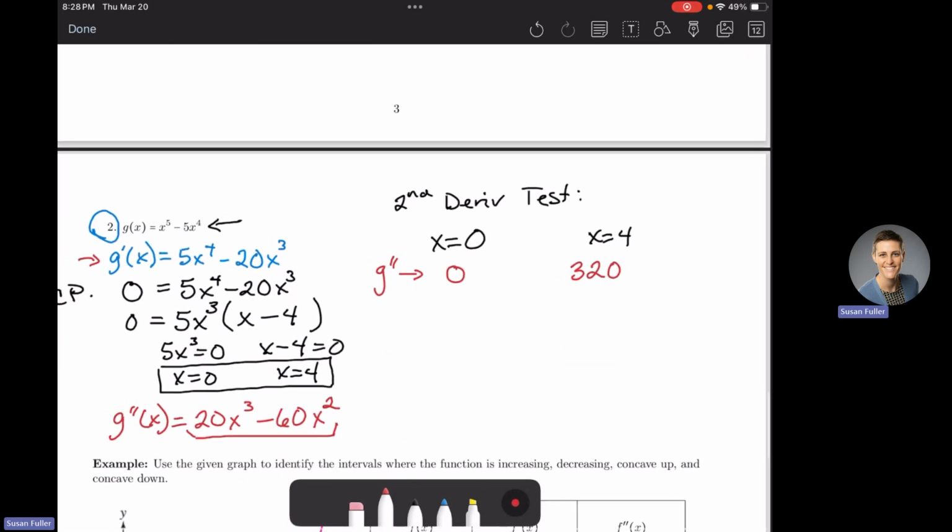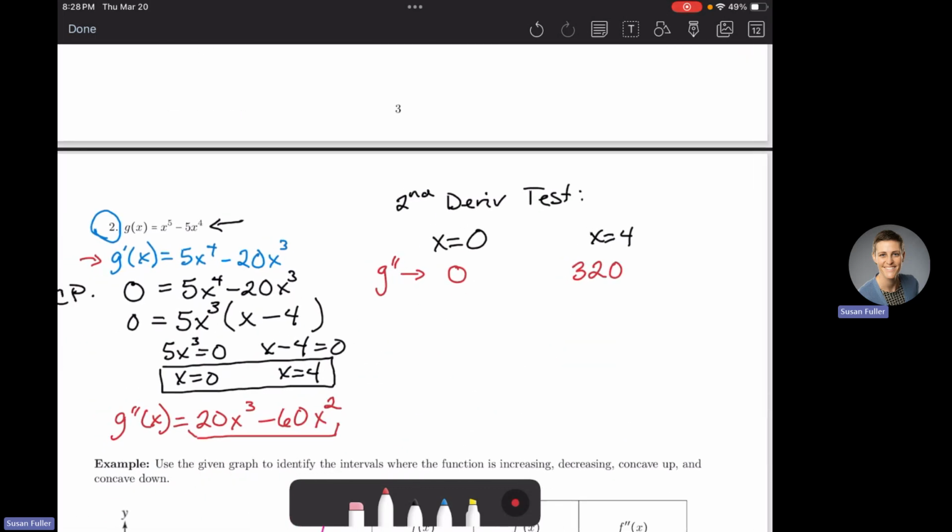So what we've got going on here at x equals 0, that's inconclusive. That means that the second derivative test can't tell whether it's a max or min. And so we're going to have to go back to the first derivative test, and that will tell us for sure if it's a max, a min, or neither a max nor a min. Okay, so we'll come back and we'll do that in a minute.